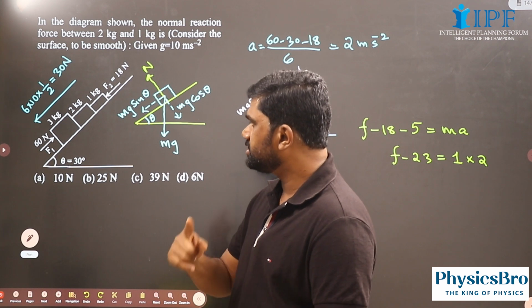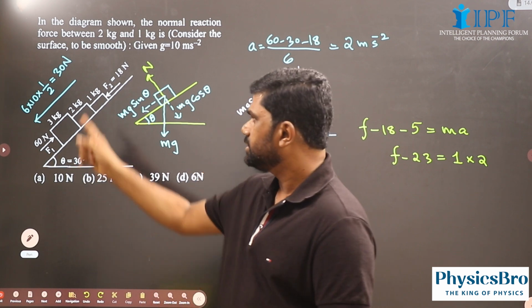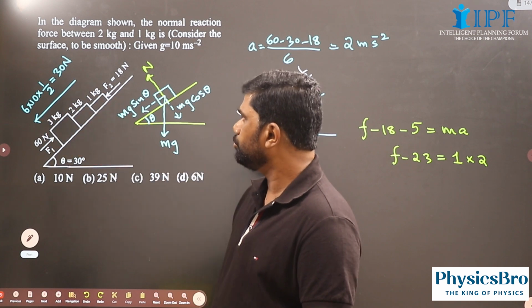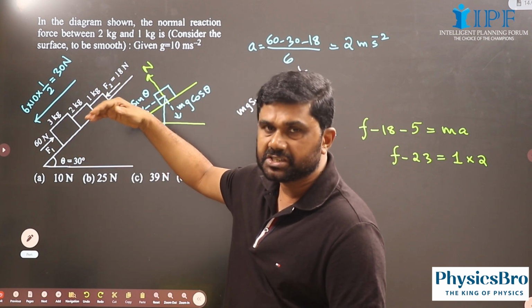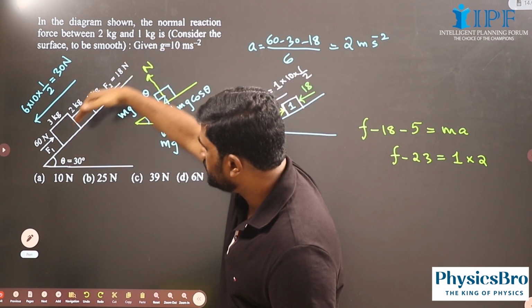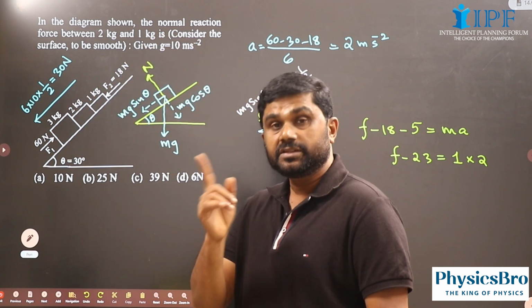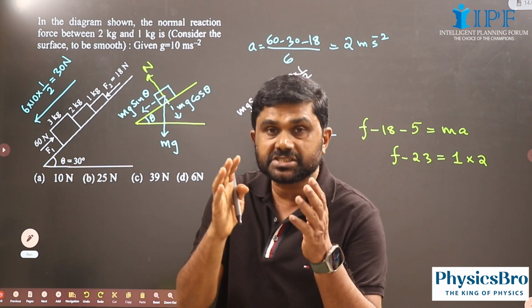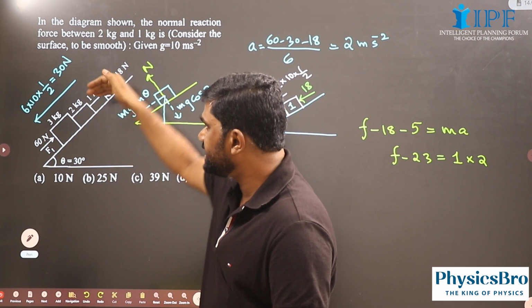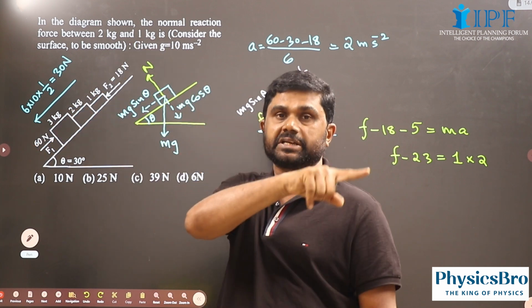Okay, so the resultant force acting down the incline: component of weight 30 Newton and the force applied here is 18 Newton. So the resultant force down the inclined plane will be 18 plus 30, that will be 48. The force acting up the incline is 60 Newton. So the resultant force will be 60 minus 48, that is 12 Newton acting up the inclined plane.